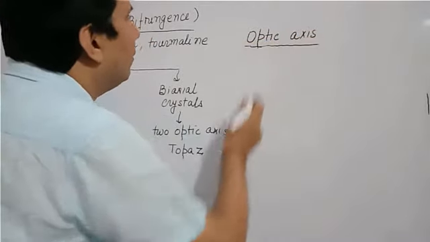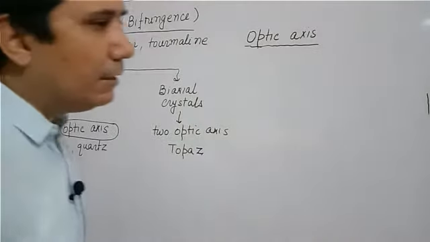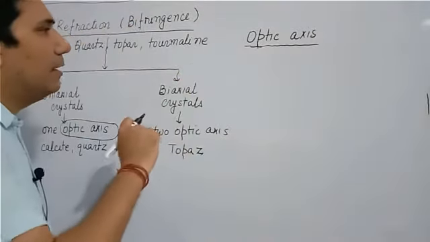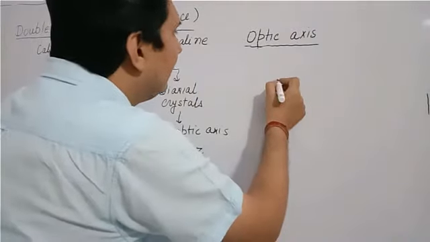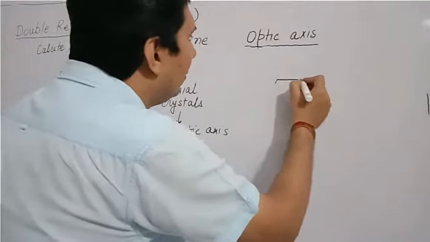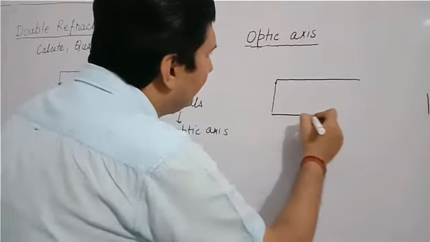So what is the meaning of optic axis? To understand the meaning of optic axis, first we will draw a heuristic diagram of a crystal of calcite. A calcite crystal, I will draw a heuristic diagram of calcite crystal.